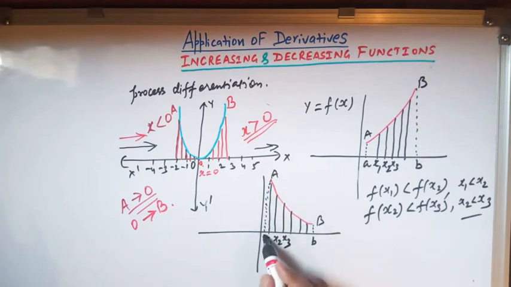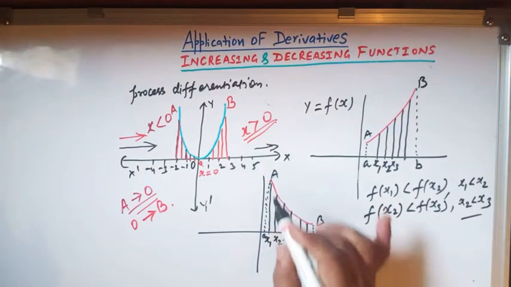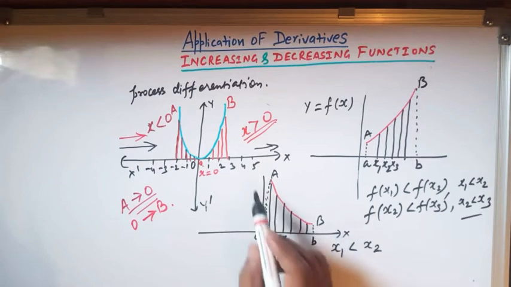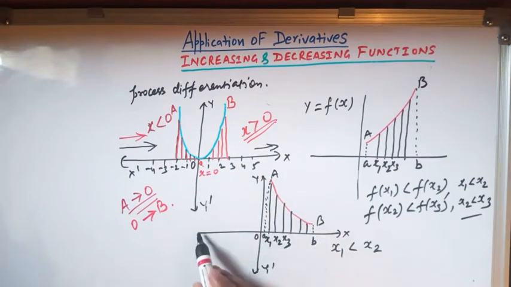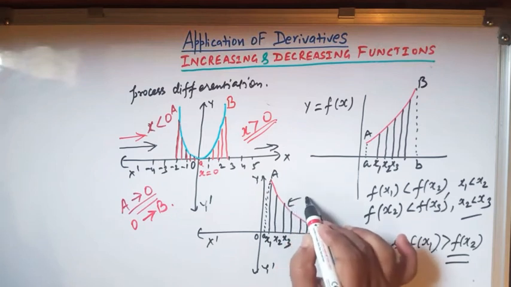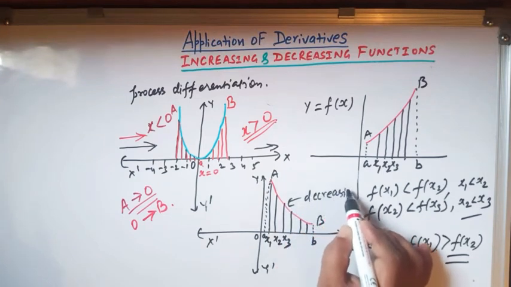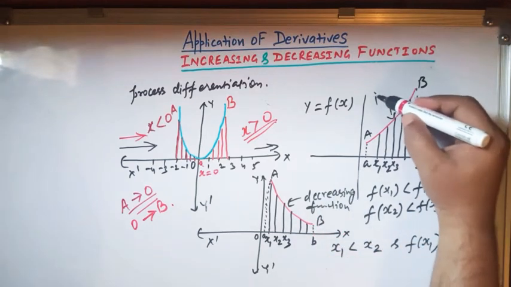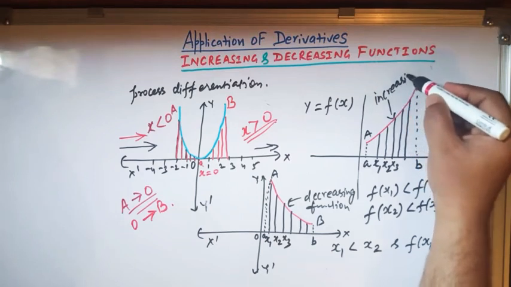We see that x1 is less than x2, and f(x1) is greater than f(x2). So here this represents a decreasing function, and earlier we had the increasing function. Clear?